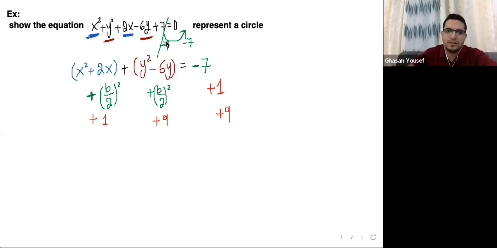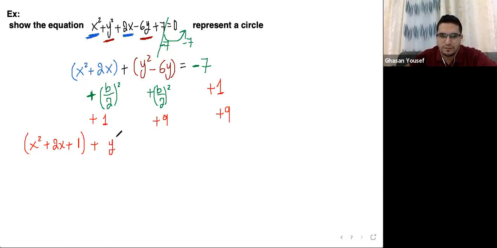Now my new equation is x squared plus 2x plus 1, this one that we added, plus y squared minus 6y plus 9 equals minus 7 plus 1 plus 9.